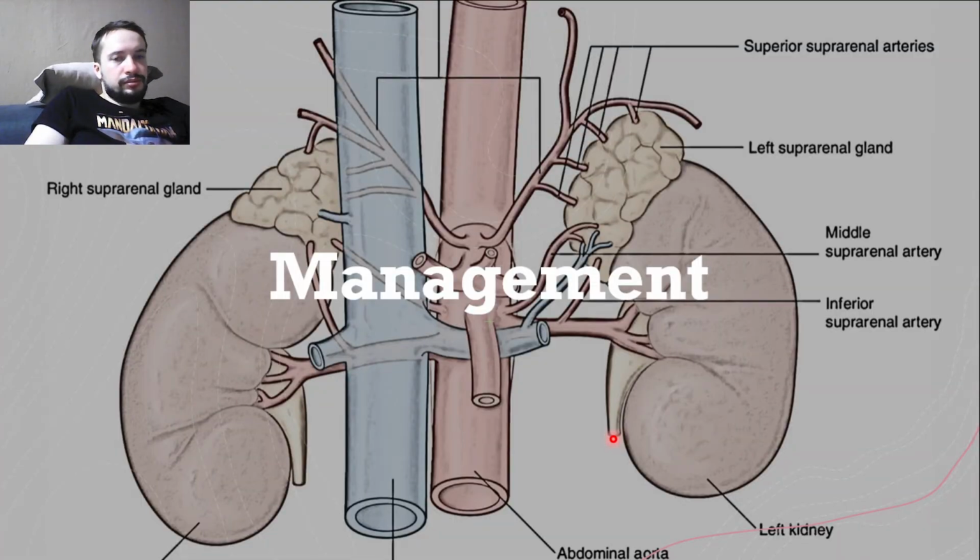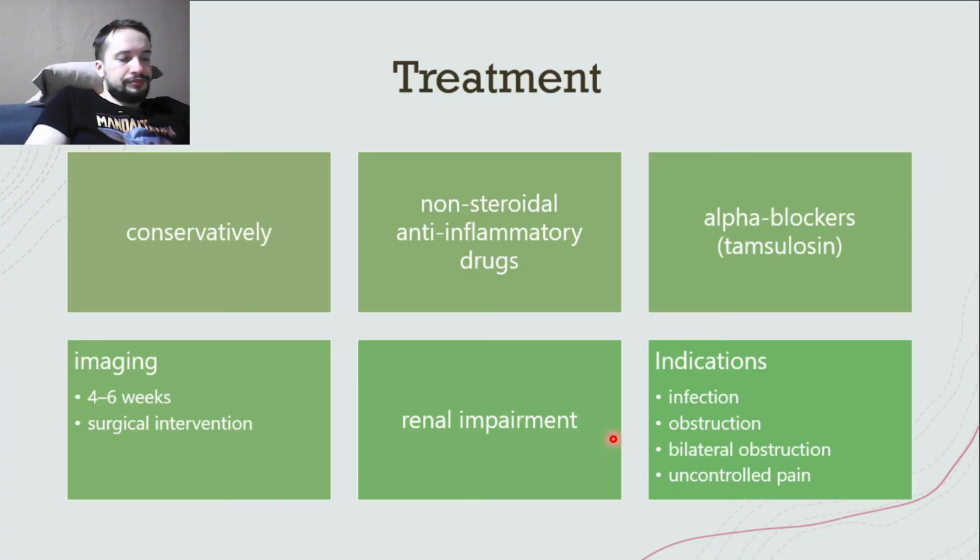Management. Many ureteric calculi can be managed conservatively. The smaller the stone and the more distal, the more likely it will pass spontaneously. Approximately 70% of stones less than 5 mm in size will pass.